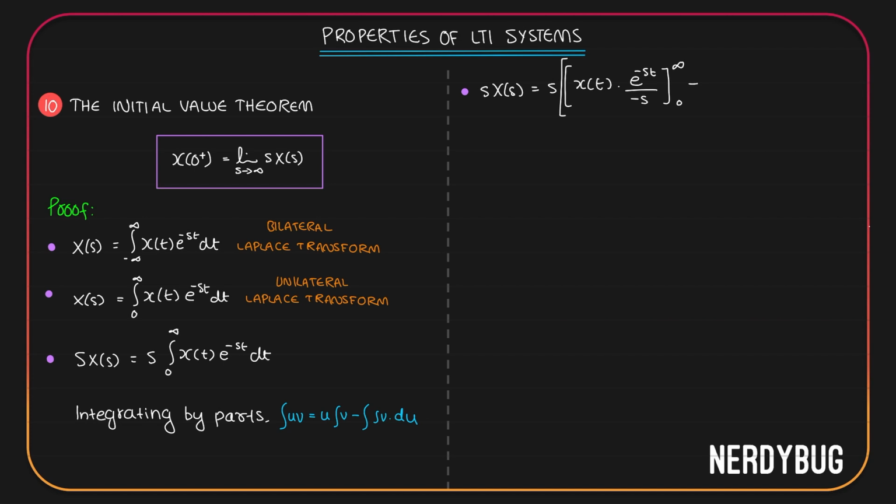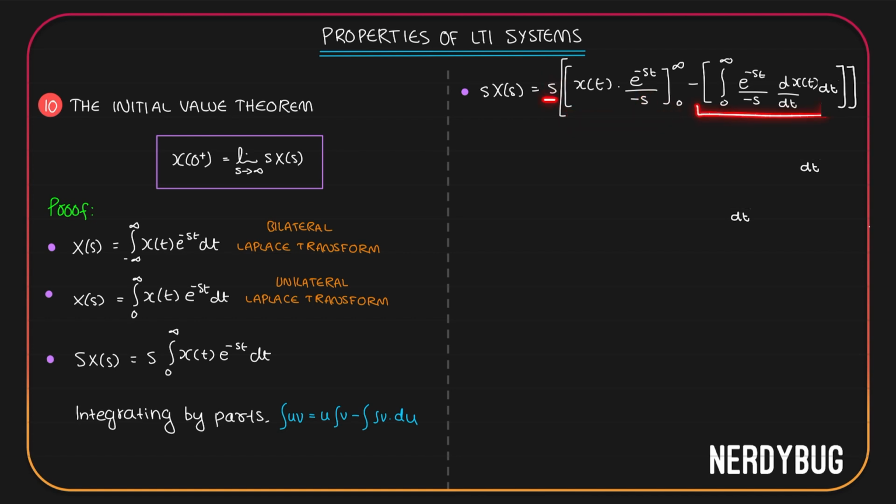Minus, we need integral of v into du. So integral from 0 to infinity, integral of v is e raised to minus st, so its integral is e raised to minus st divided by minus s, multiplied by derivative of u, that is dx(t)/dt. Multiplying the first term with s, the s gets cancelled.